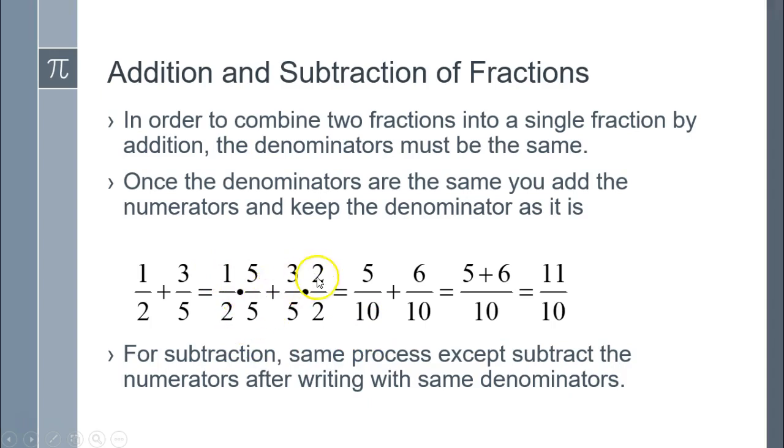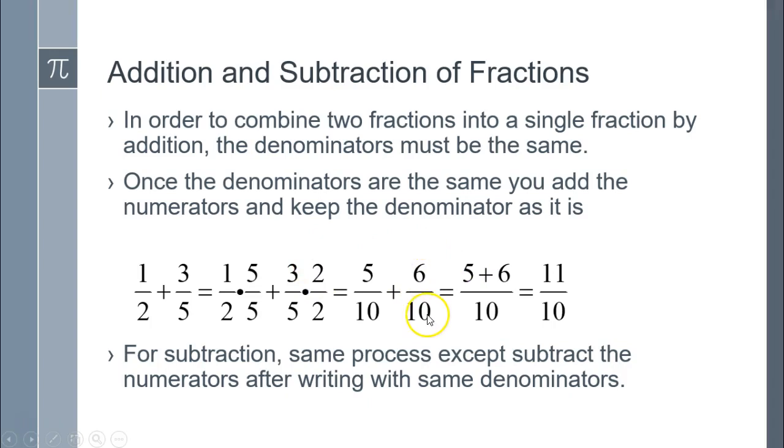And then I'm going to add. I need to turn 3/5 into tenths, and to turn the 5 on the bottom into a 10, that's what you look at, the bottom. You have to multiply it by 2. So you also have to multiply the top by 2 to keep the value of the 3/5 fraction the same.